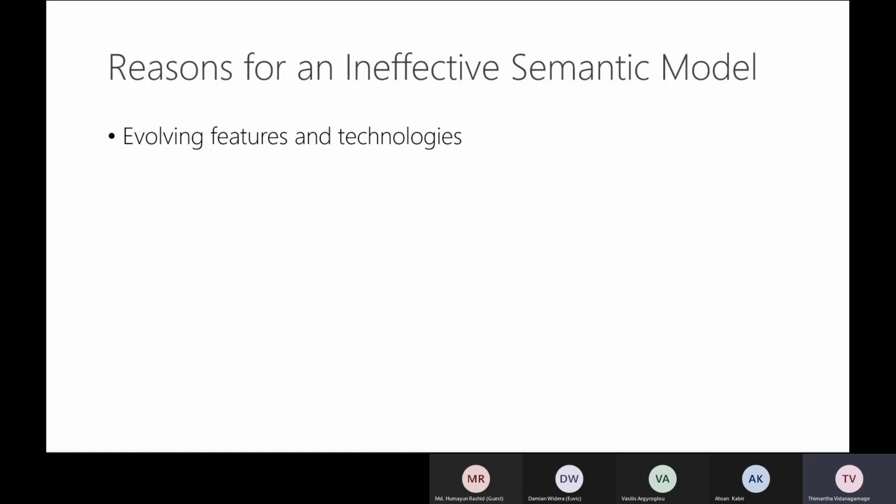So there is definitely a hold back there, but it's always necessary for us to be updated with the latest features and technologies in order to keep our data models up to date. That's something we all need to take into consideration, and that's one of the reasons why I am doing this session as well.